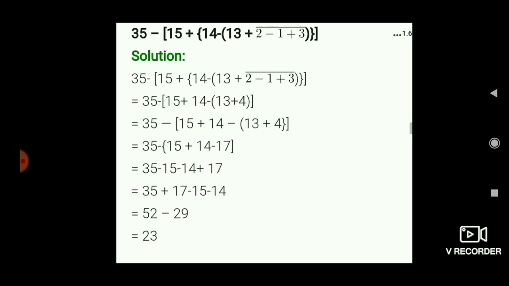So that is equal to 35 plus 17 minus 15 minus 14. On adding 35 and 17, we will have 52 minus, and on adding 15 and 14, we will have 29. And lastly, on subtracting 29 from 52, we will get 23, and that is the required answer.